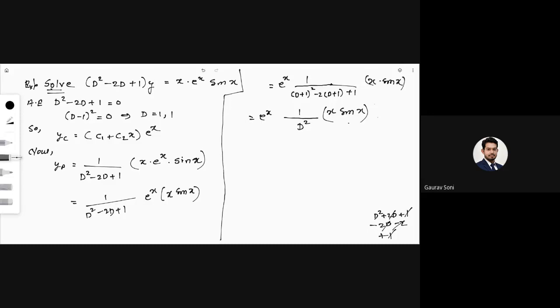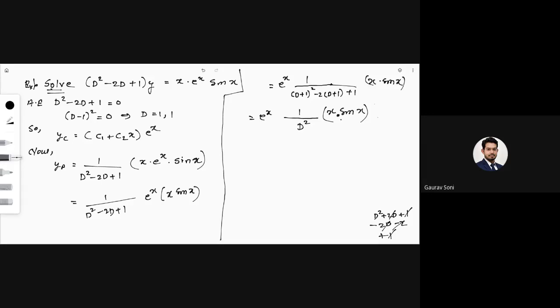Now what I can do is, 1 upon d square is nothing but minus a square. Minus a square applies when there is just sin x. But here what you have is x into sin x.